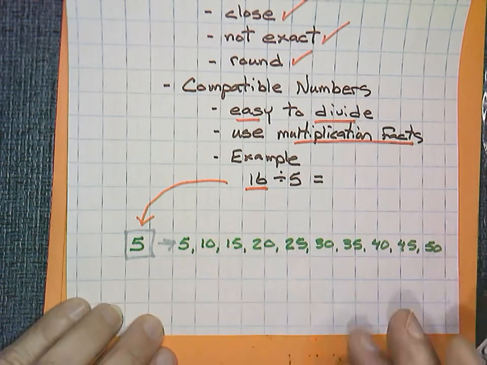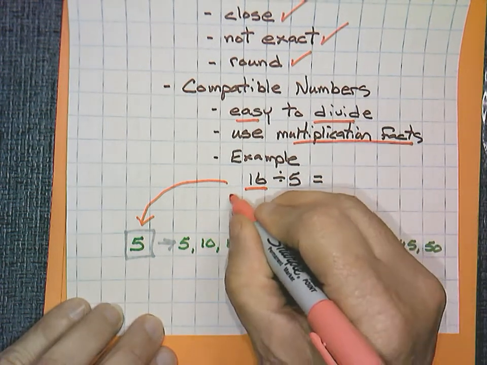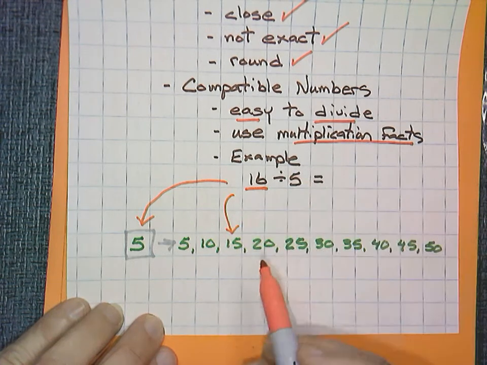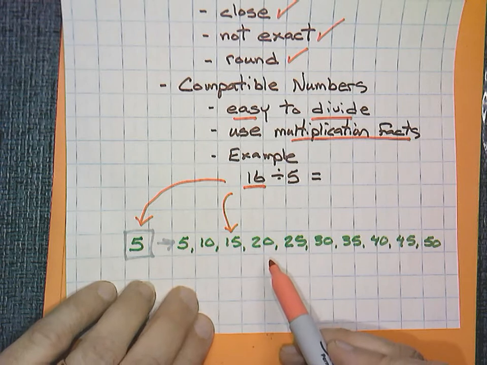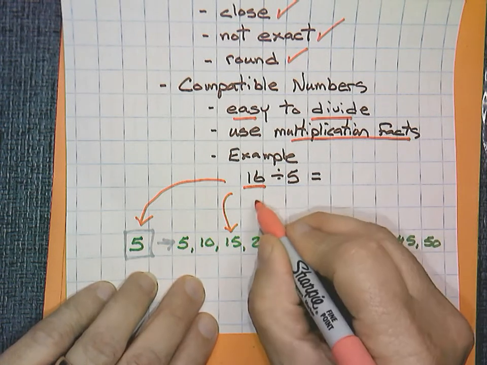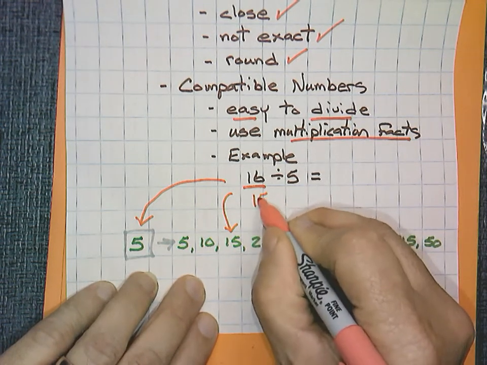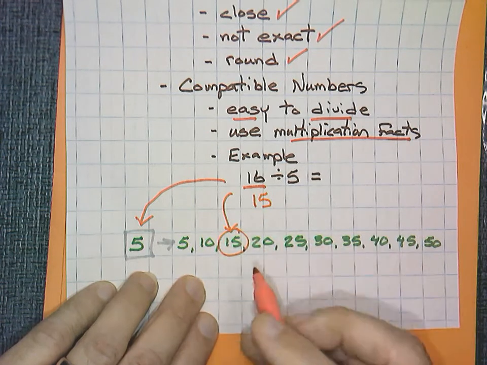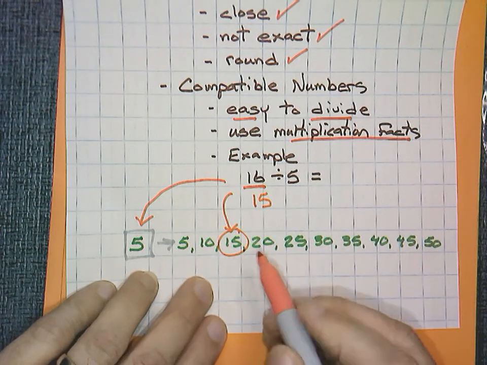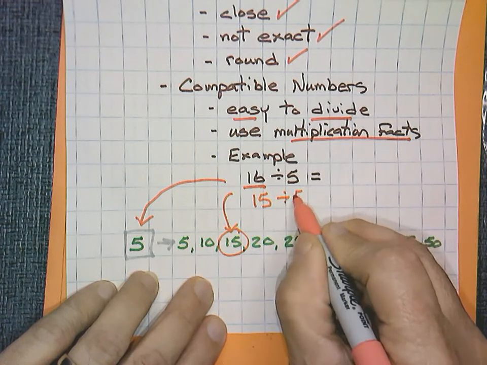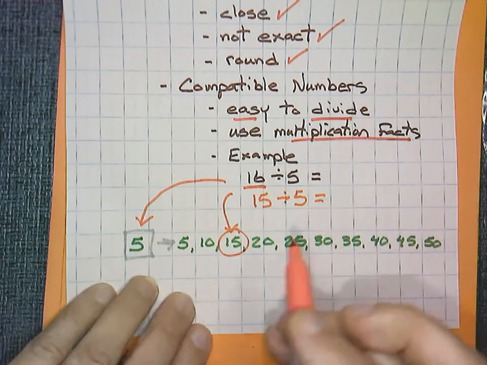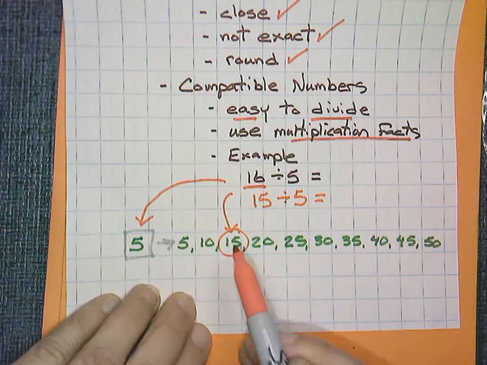And we can see that 15 is the closest on this chart of multiples. So I would say that our compatible number is what? It would be 15. Now I take the 15 and divide that by 5, and you can see we have 1, 2, 3.